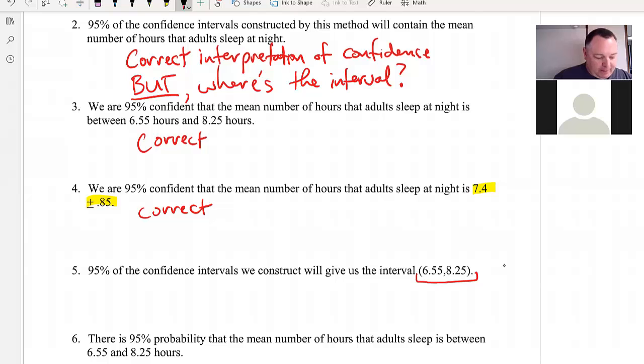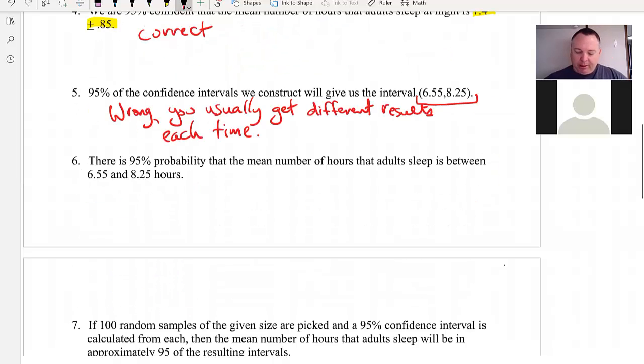So it's wrong. You usually get different results every time. In other words, there's nothing particularly special about the numbers 6.55 and 8.25. That just happened to be the results of an experiment.